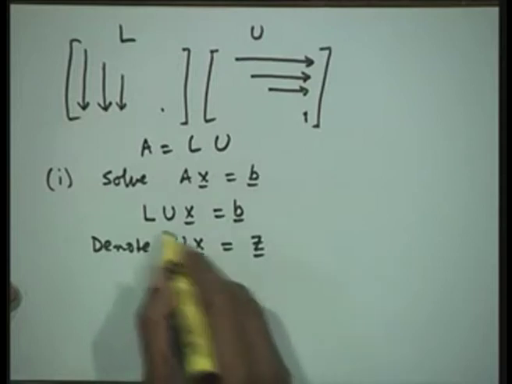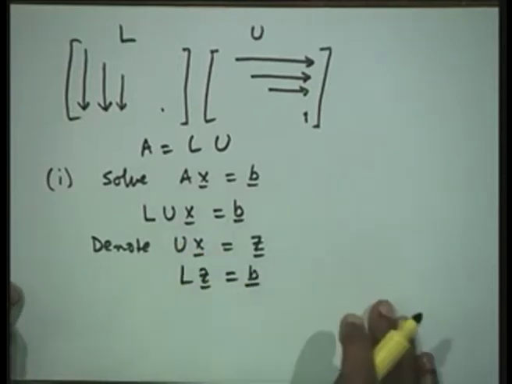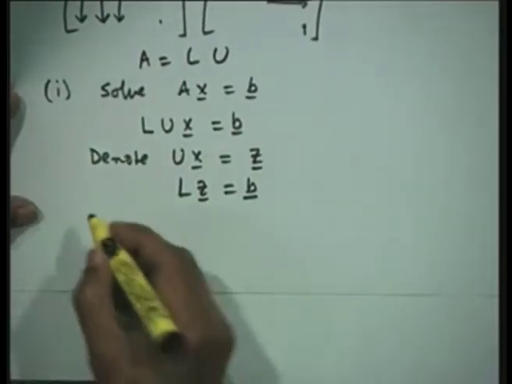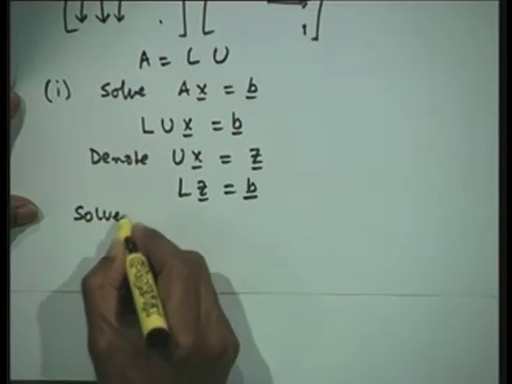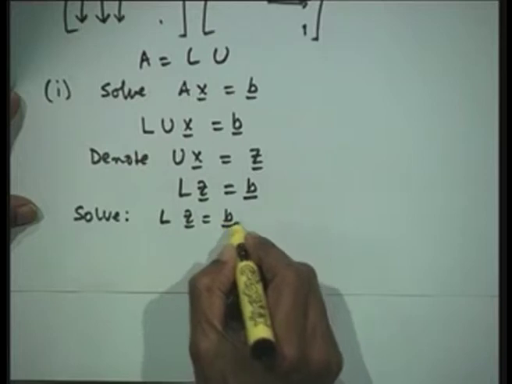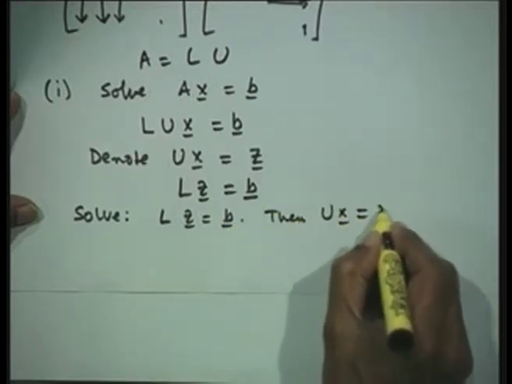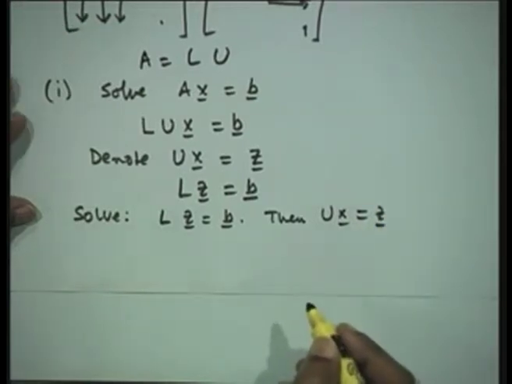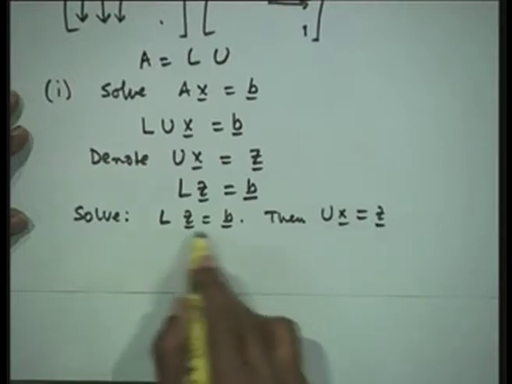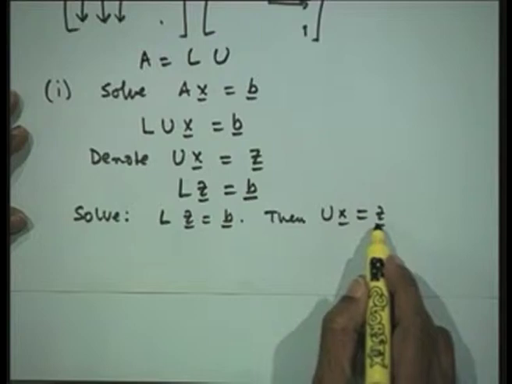Then this reads Lz is equal to b. Then we shall solve first Lz is equal to b, then Ux is equal to z.